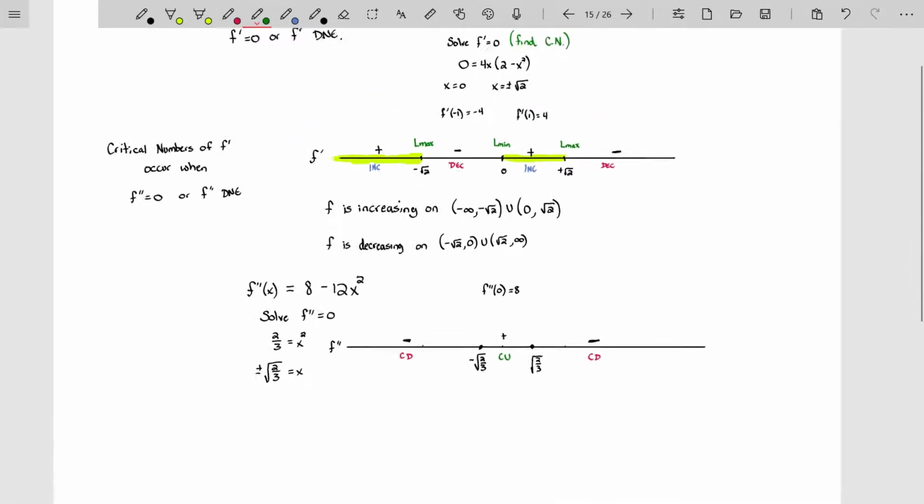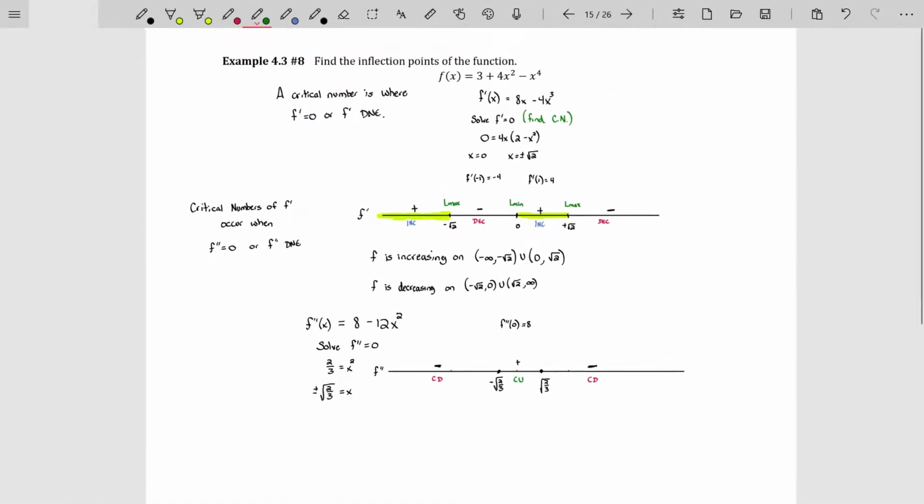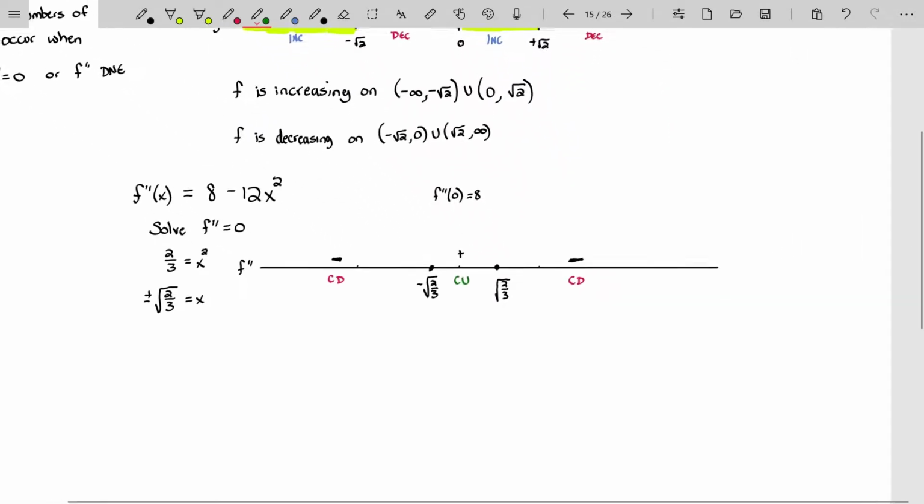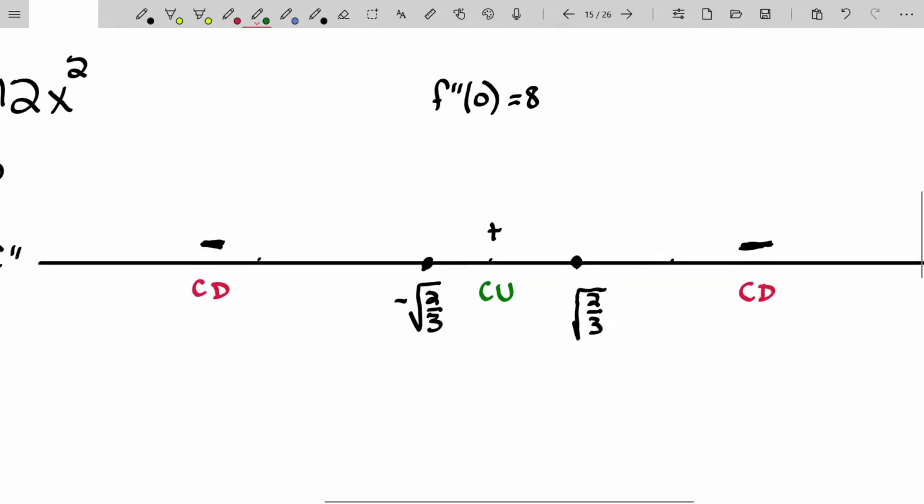Now, to answer the question, find the inflection points of that function. Inflection points occur when the sign of the second derivative switches, or in other words, when you go from concave up to concave down, or concave down to concave up. Now, there is that little caveat with inflection points that f has to be continuous.